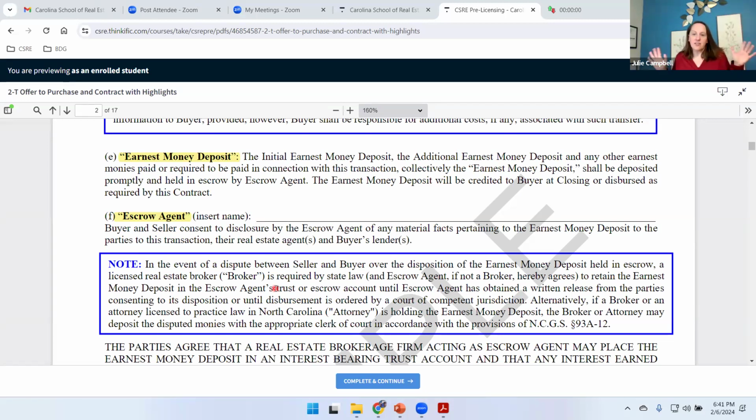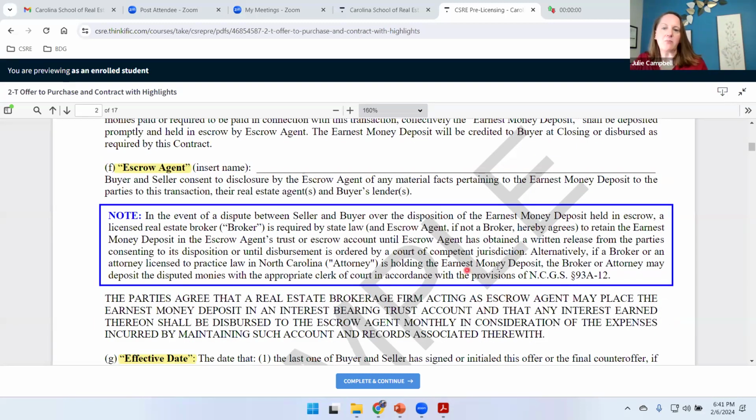And if they can't settle it at some point in time, and I don't remember how long, that's not important, at some point in time, the escrow agent turns it over to the court of competent jurisdiction, and the two parties can go downtown to the clerk of court's office and hash it out. So if the earnest money's in dispute, the escrow agent has no say-so in what happens whatsoever. The best they can do, if the parties can't come to an agreement, is just turn it over and let the two go downtown and handle it.